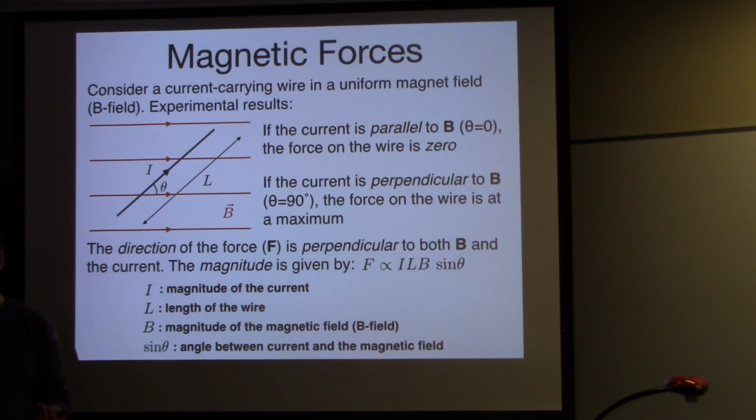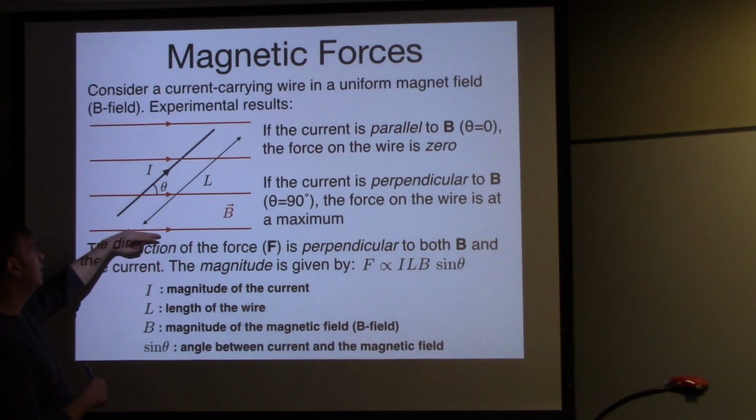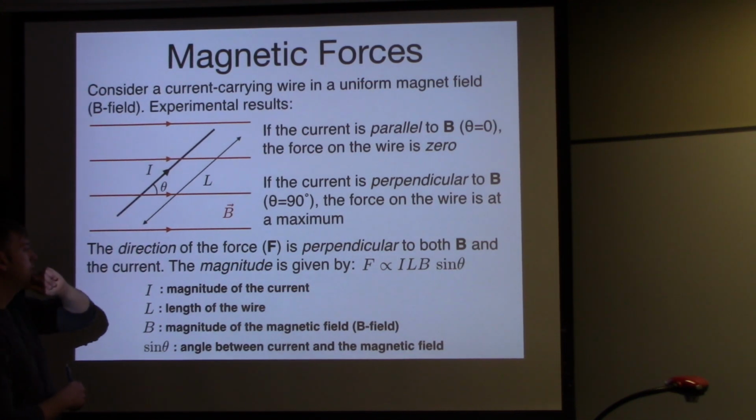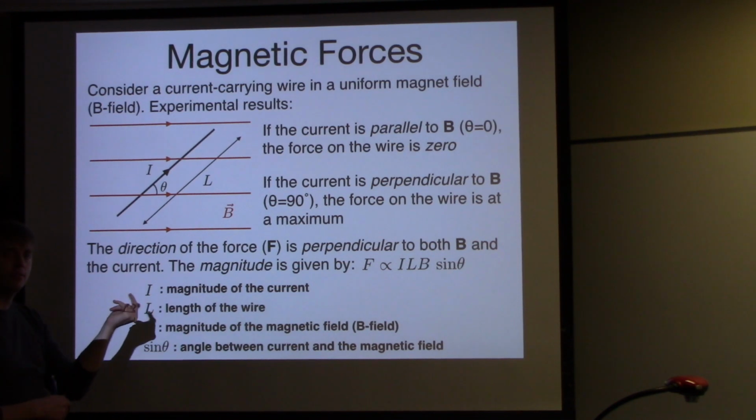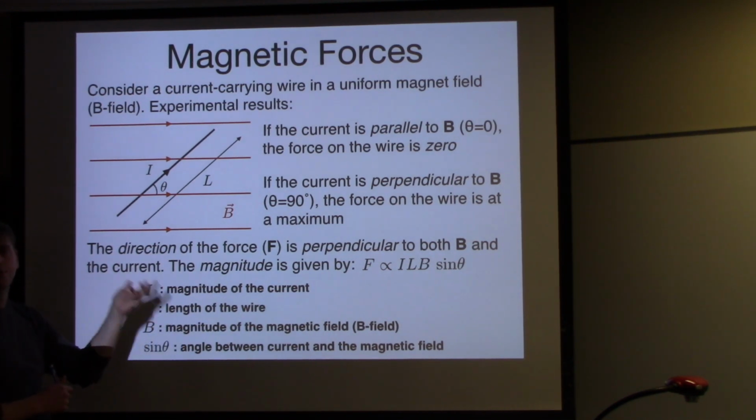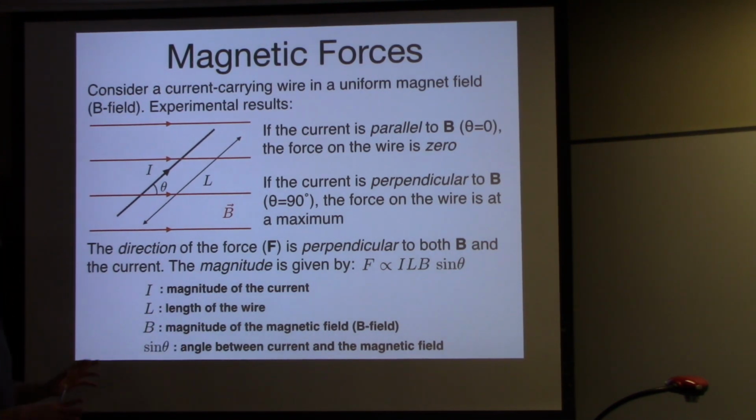Well, turns out if you want to get the direction right, it's perpendicular to both B and the current. So the direction of the force is perpendicular to both the magnetic field and the current itself. And you might be thinking, that should involve a cross product if I want to fully explain it, and that's true, so we'll get to that in a second.